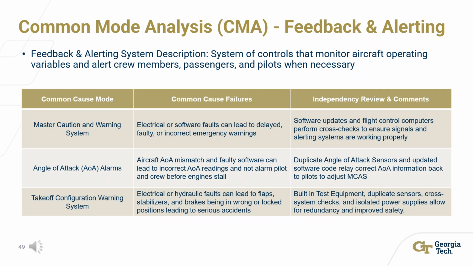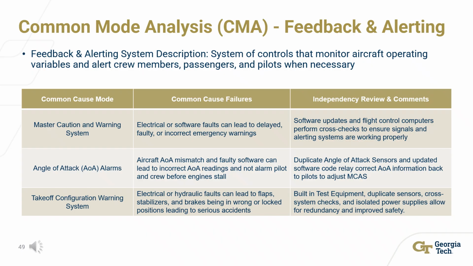In this part of the CMA, we focus on the feedback and alerting system, which is a system of controls that monitors the aircraft operating variables and alerts crew members, passengers, and pilots when necessary. For the common cause modes in this case, we look at the master caution warning system, the angle of attack alarms, and the takeoff configuration warning system.